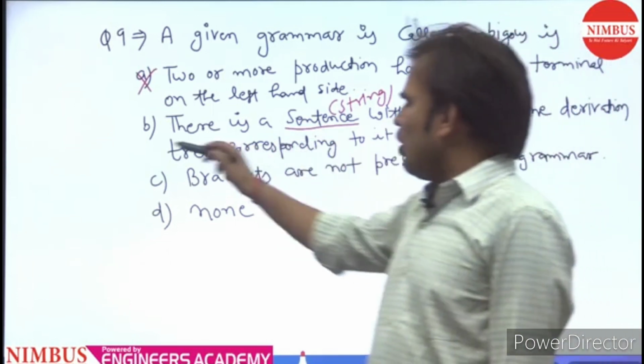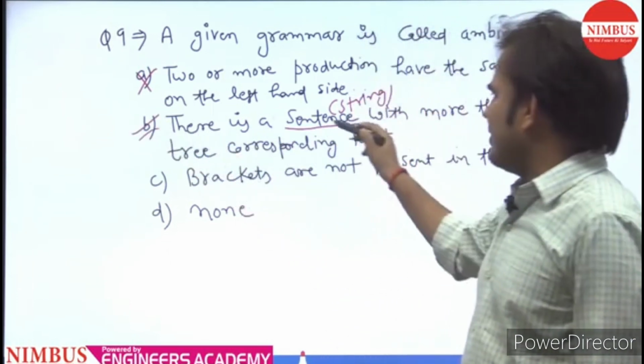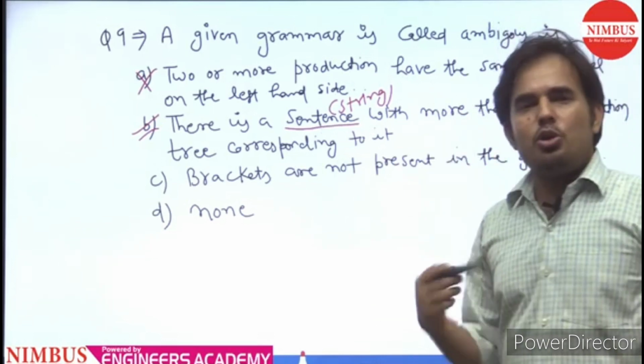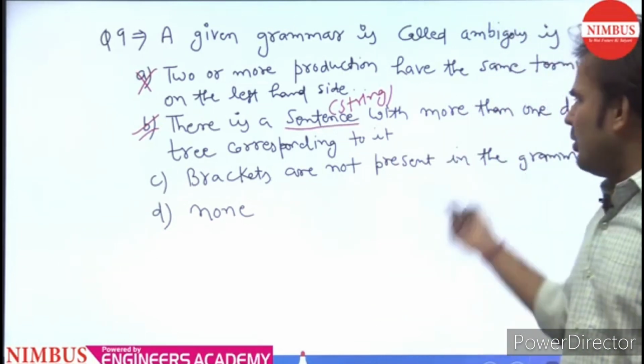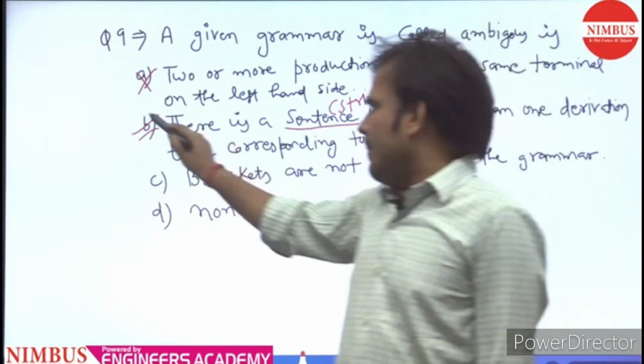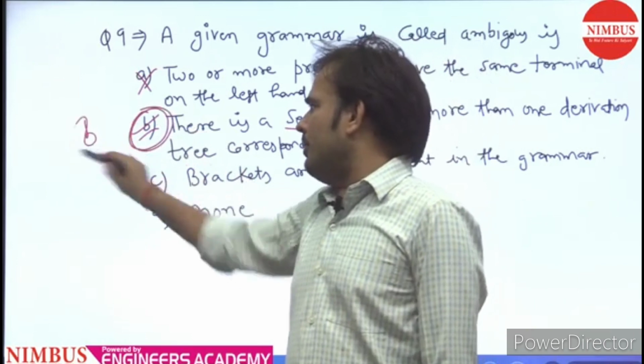So it is saying option B is correct here. Whenever you get more than one parse tree for the same string, then it is ambiguous. Option B is correct here.